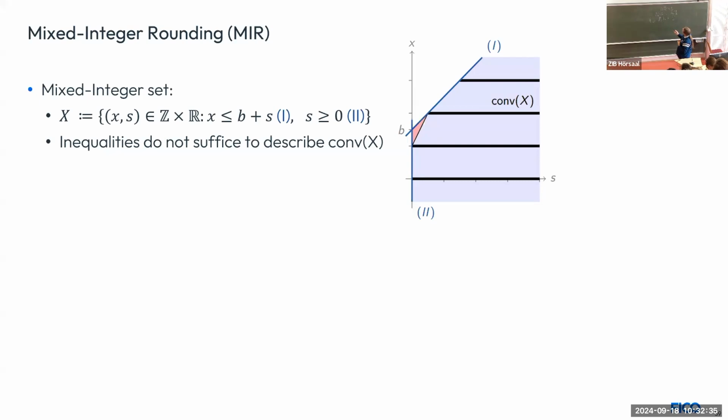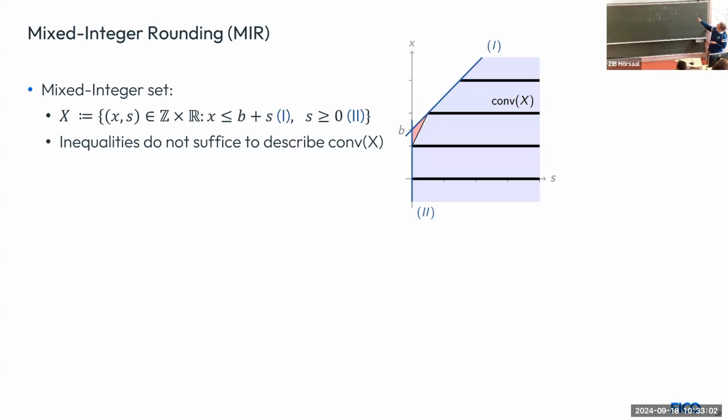One variable integer, one variable continuous, and the equation that you have is just linking these two together with some fractional offset. Already in this case, this inequality plus the bound of the slack, the continuous variable, do not suffice to describe the convex hull of the mixed integer set.